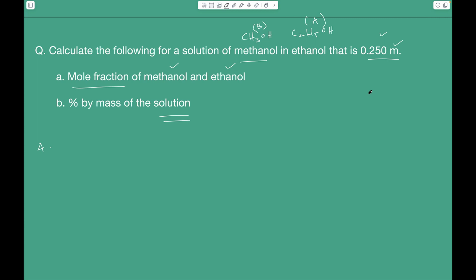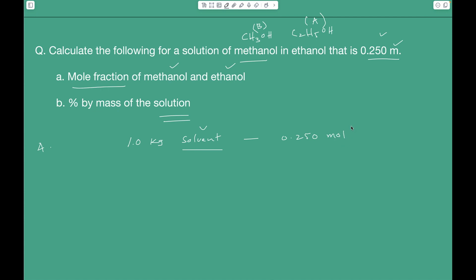Now what is the meaning of 0.250 molal solution? It means in 1 kg of the solvent, pay attention to this, 1 kg of the solvent, not solution, there is 0.250 moles of solute.